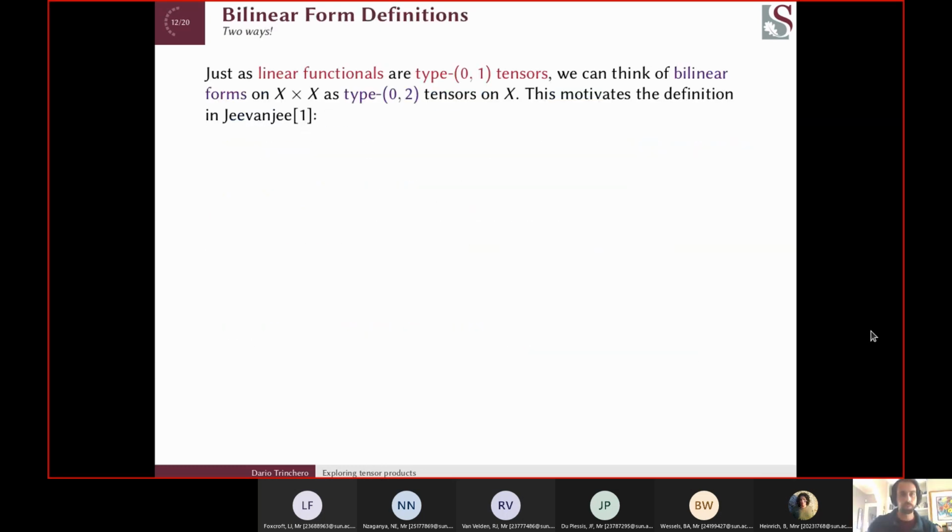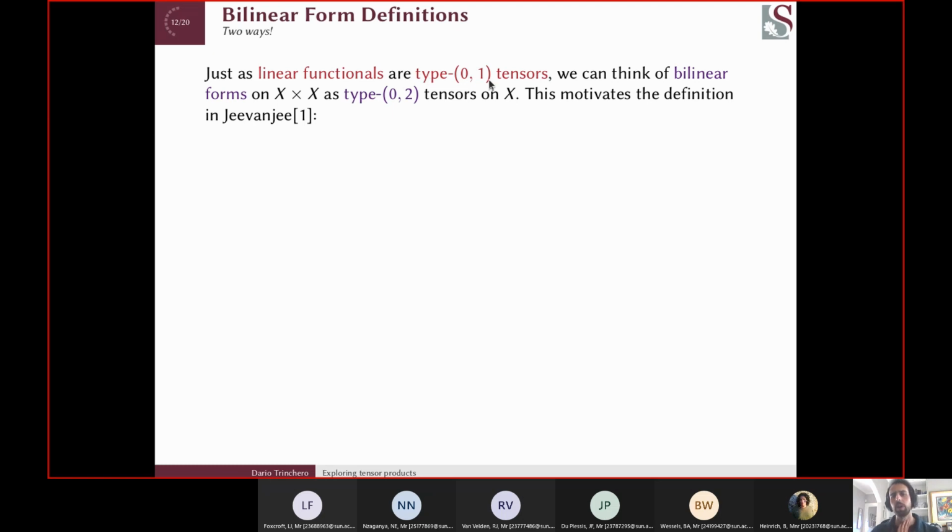Okay, so remember what we found? We found that linear functionals were type (0,1) tensors, and later we saw that in general, this Q over here in the type generally refers to the number of copies of the dual space that are present in the tensor product.